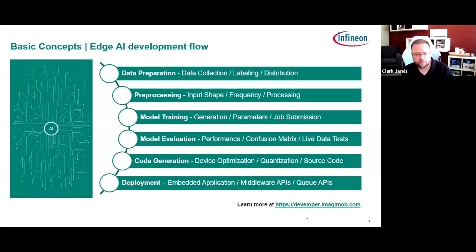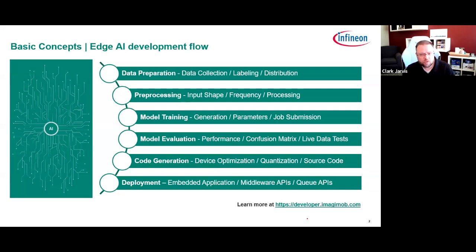So once I have a model that has been trained, I've got something that is usable. How good is it? How does it work? I can start looking at the performance of it and doing some evaluation of this model, and maybe iterate. Right, I need to go collect more data, or I need to tweak the processing a little bit more for my use case. There are various performance metrics that come out of the tool.